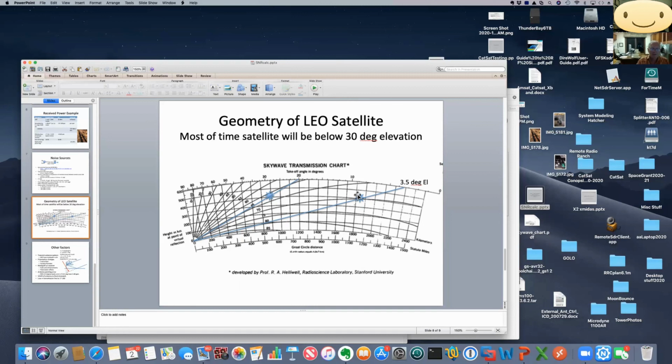Well, you're going to get something maxing out around 15 minutes, maybe 10 minutes for a 450 kilometer orbit. But any of your programs that calculate orbits and look angles, and there's plenty of them, you just run a bunch of them and you'll know. But it makes a difference.